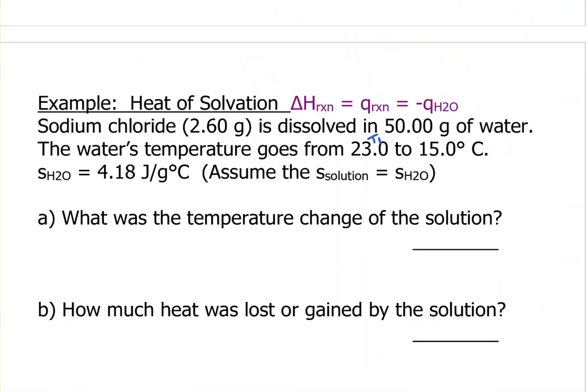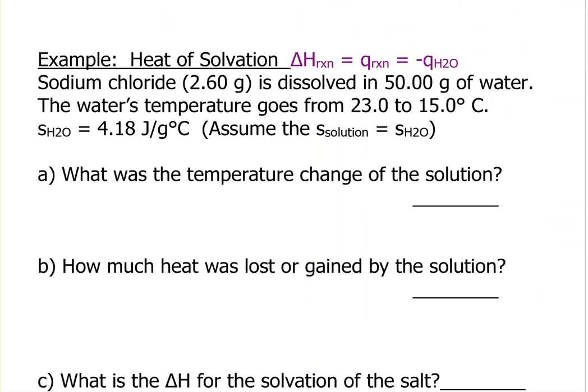Okay, let's look at a problem. Let's see some numbers here. So I have the mass of the salt. I have the mass of the water. I have a T1 and a T2.